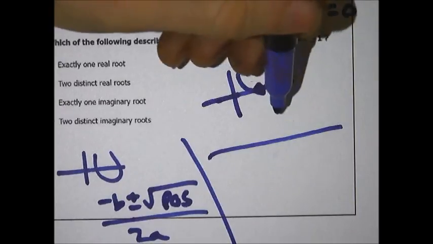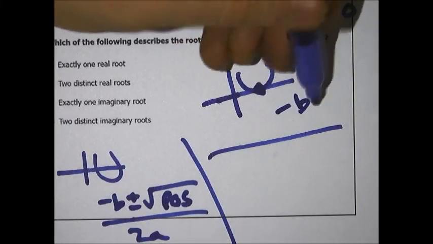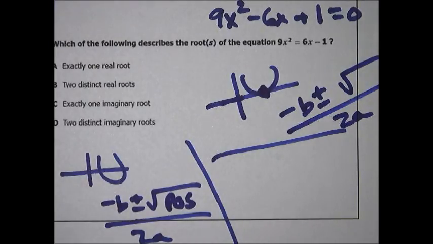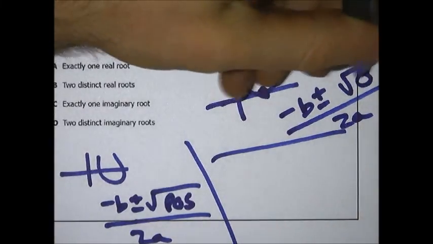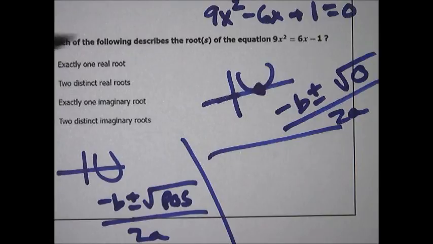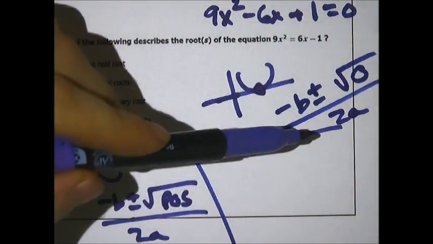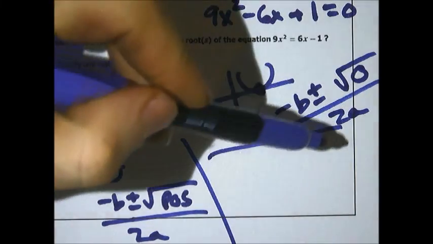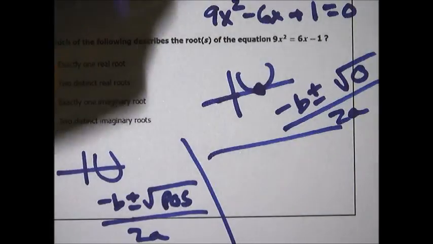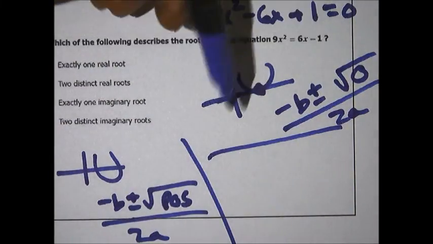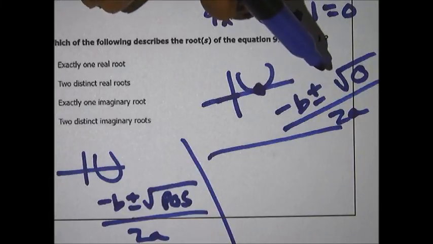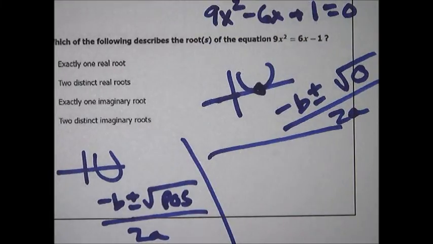Or in the quadratic formula, -b plus or minus the square root of, if I only want one answer, the number under the square root has to be a 0, because -b plus 0 over 2a, and -b minus 0 over 2a, if I add and subtract 0, I have not changed anything, right? So that's how you get one answer that's the same. Graphically, it would be 1, 0. Through the quadratic formula, you have a 0 under the root, so this would be one real answer.